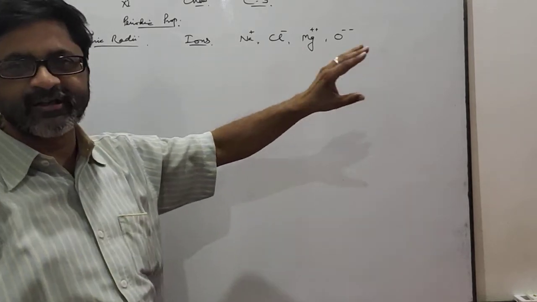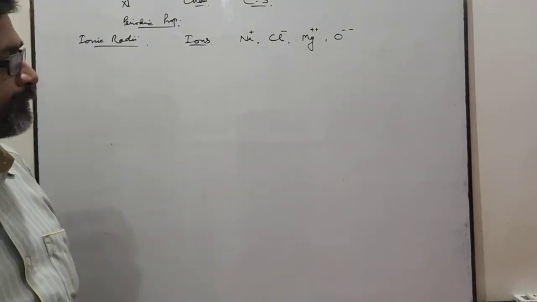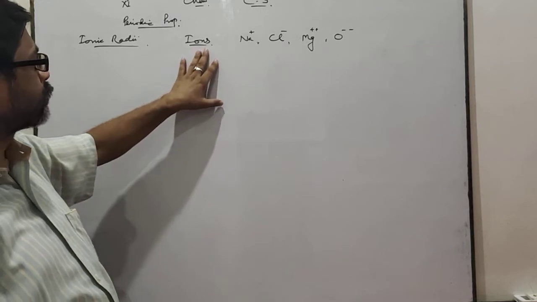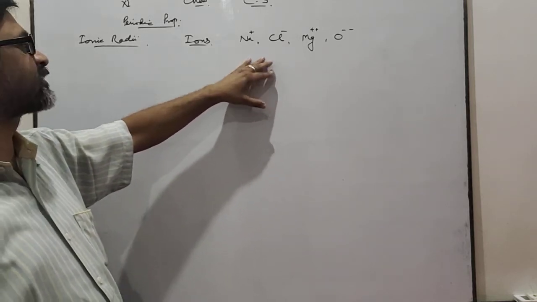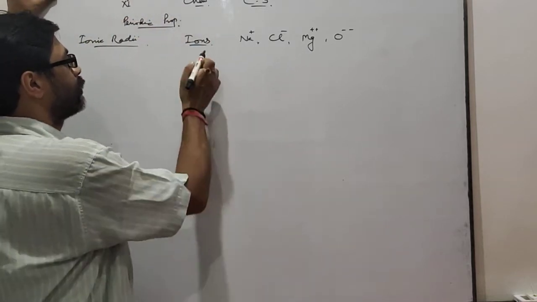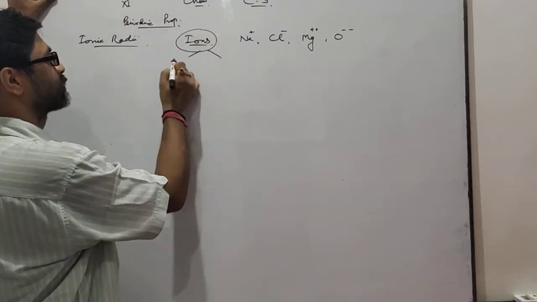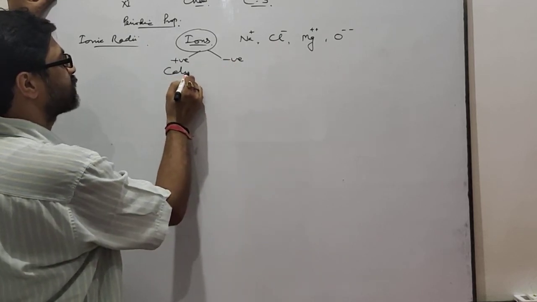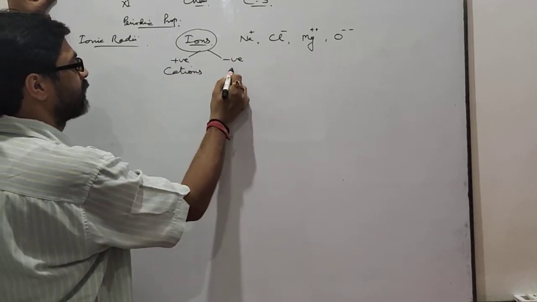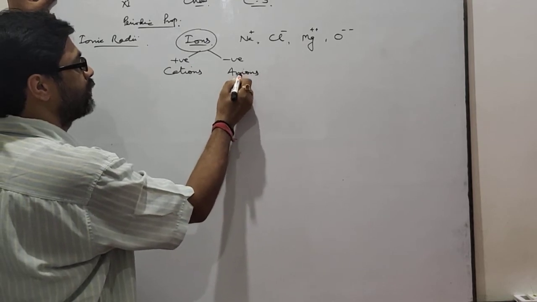Ions are charged atoms or group of atoms like Na+, Cl-, Mg2+, O2-. These are the various types of ions. In this topic, I am going to discuss the types of ions and the size of the ion. Ions are of two types, positive charge and negative charge. Positively charged ions are called cations and negatively charged ions are called anions.